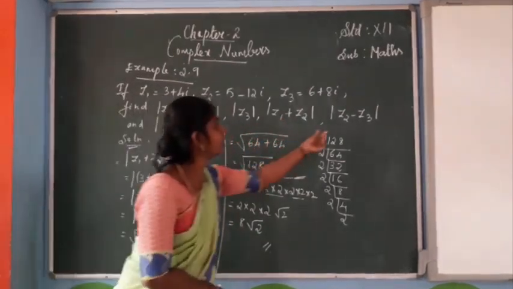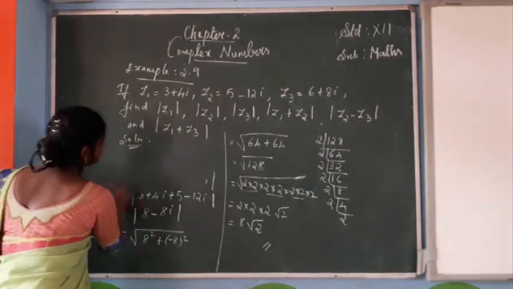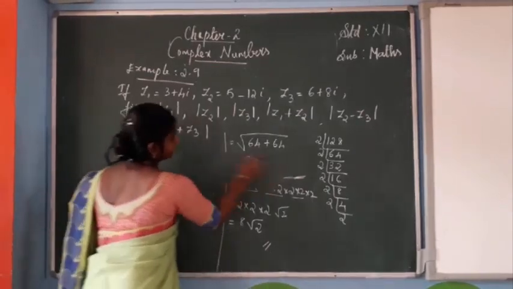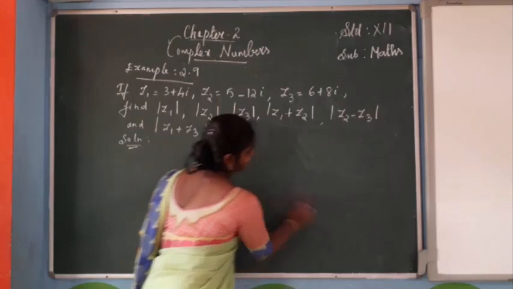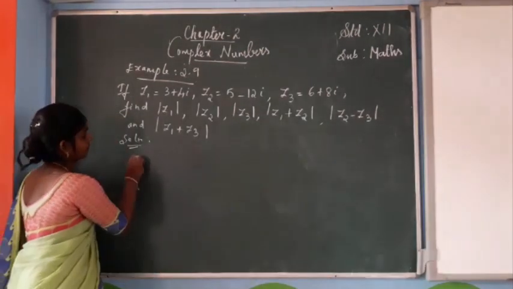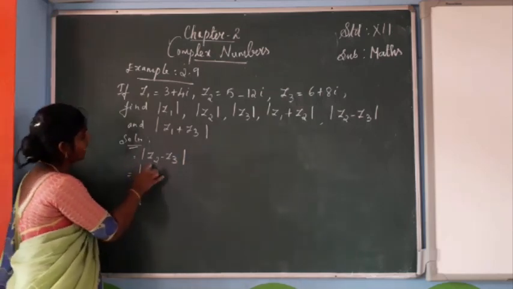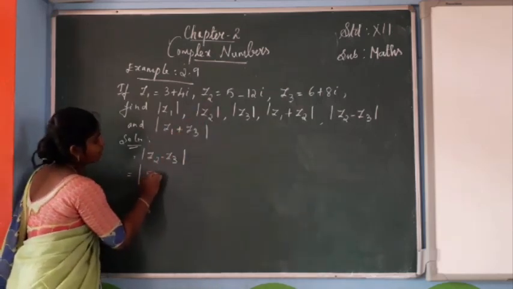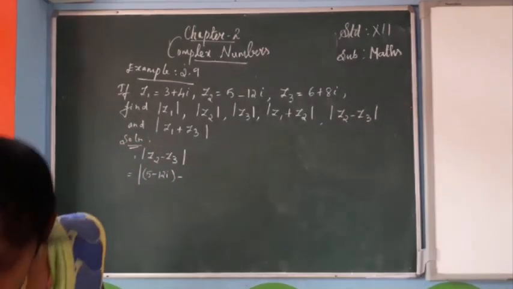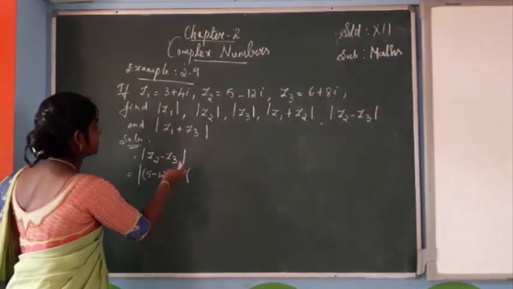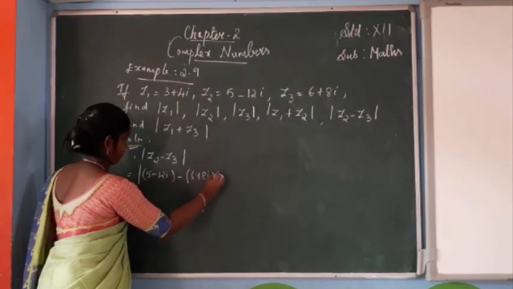Next we have to find Z2 minus Z3. So Z2 minus Z3 is equal to Z2 value 5 minus 12i, minus Z3 value 6 plus 8i.